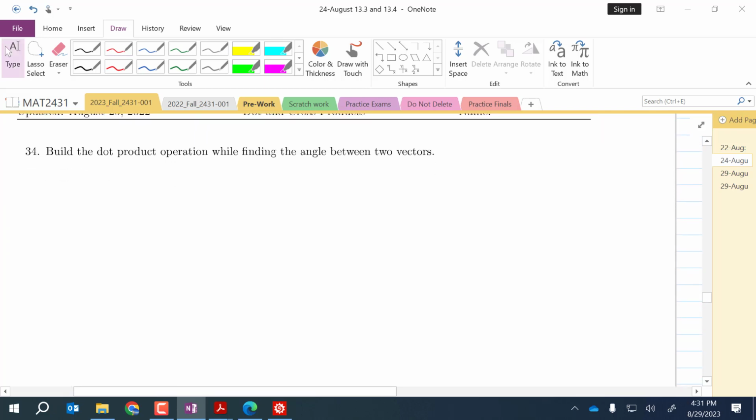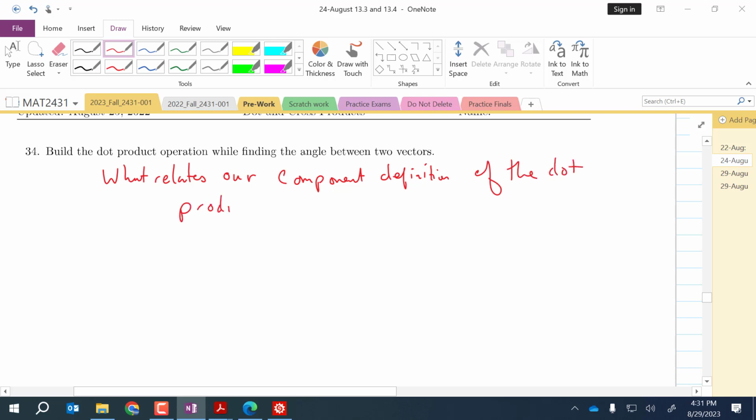And the last thing I want to say is, one thing I think you should be a little bit skeptical about is what relates our component definition of the dot product to the geometric definition.